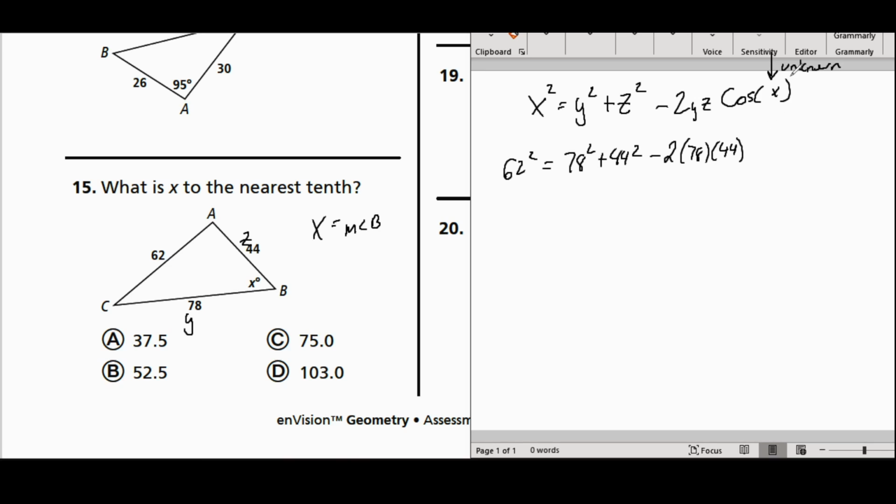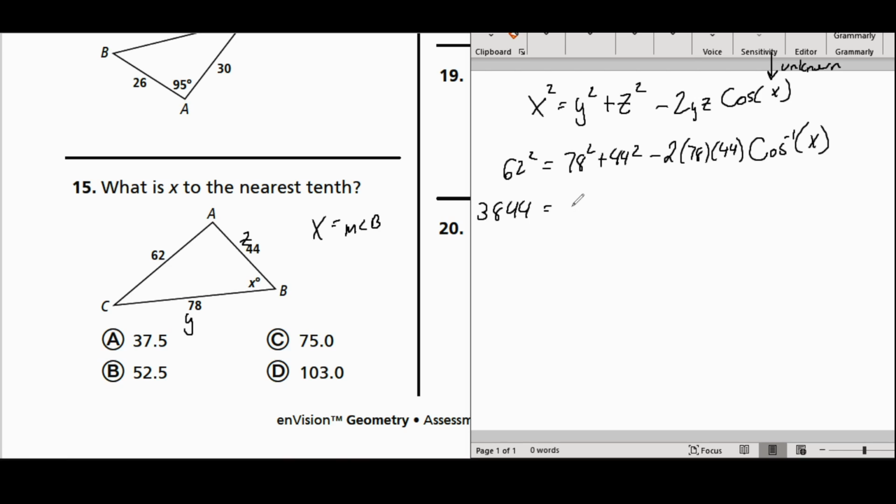And I'm going to make this one change. Since I know this is my unknown and I need to pull that x out, I'm going to do the inverse cosine, since that's what I'm solving for in the end. And I need to isolate that. So we're going to have a bit more to do in this one, because it always takes more to find the angle. But before we get into that, 62 squared is 3844.